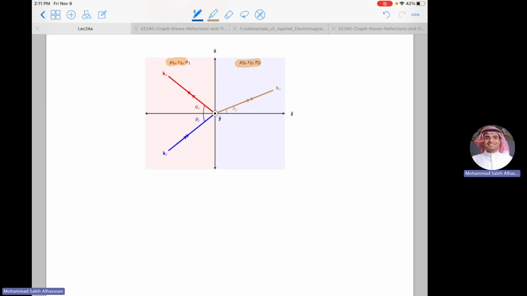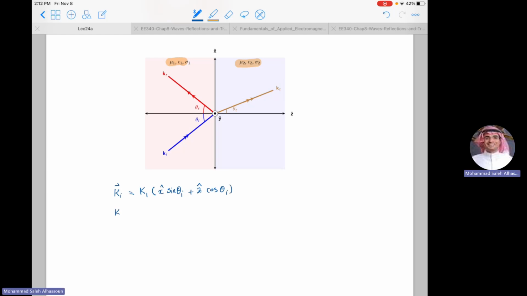The incident wave vector is simply given by this formula: K1, which is omega square root of mu1 epsilon 1, multiplied by x sine theta incidence plus z cosine theta incidence.